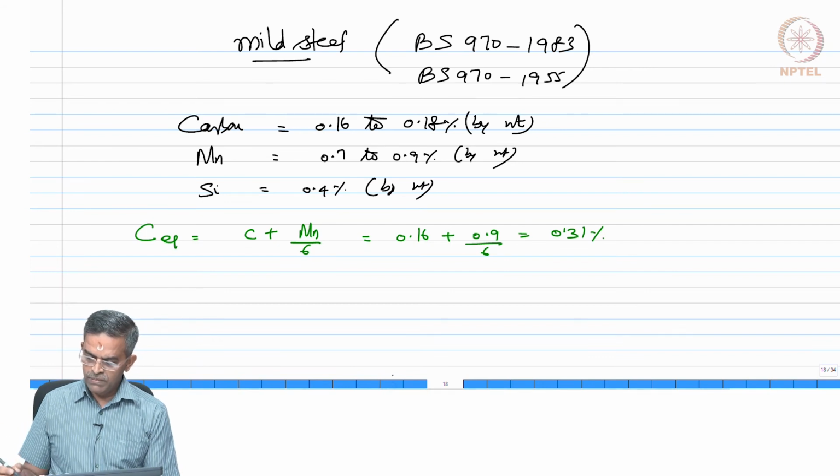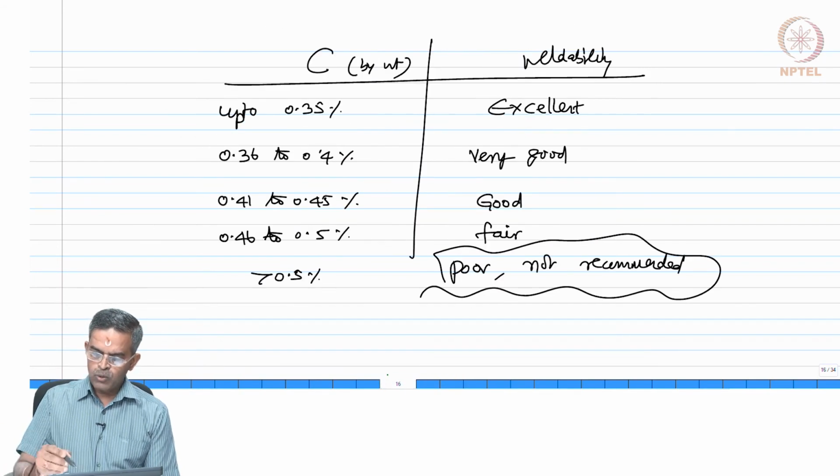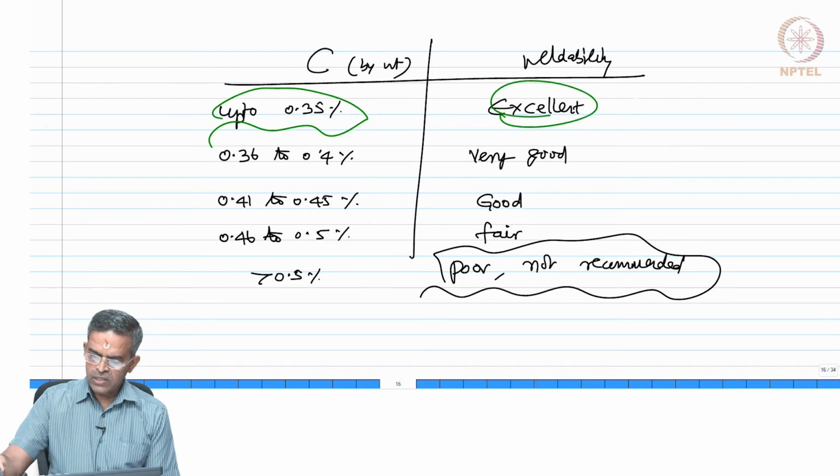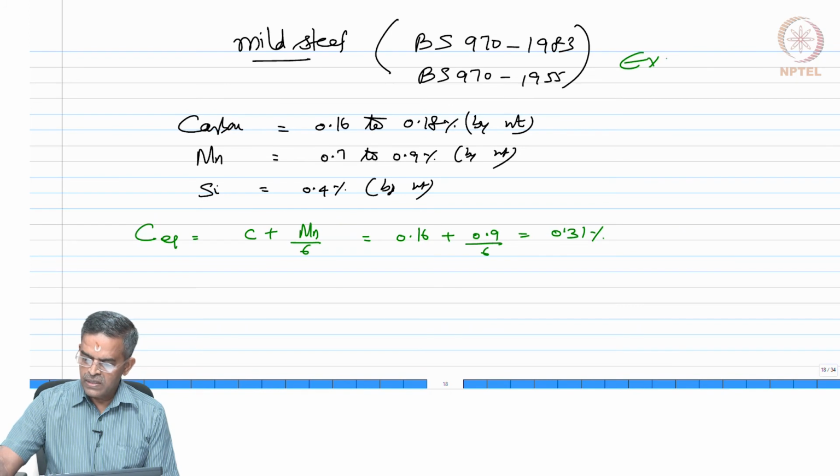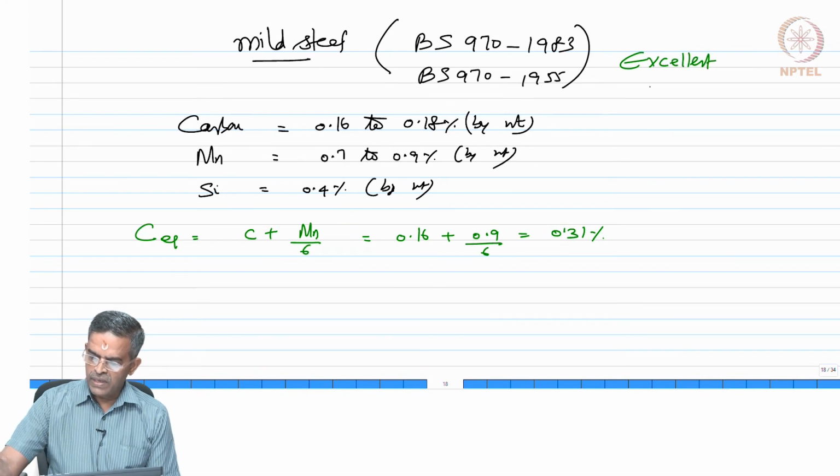Looking into this table, up to 0.35 it is considered to be excellent. So, I can declare that mild steel is having excellent weldability.